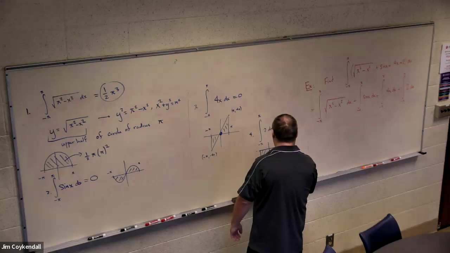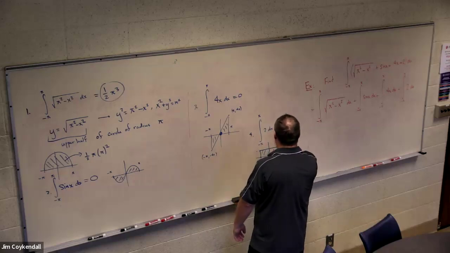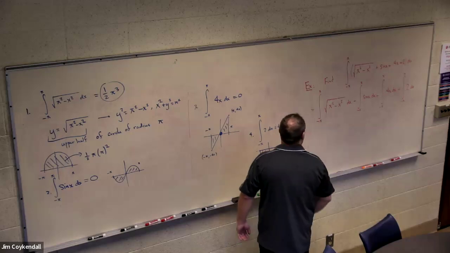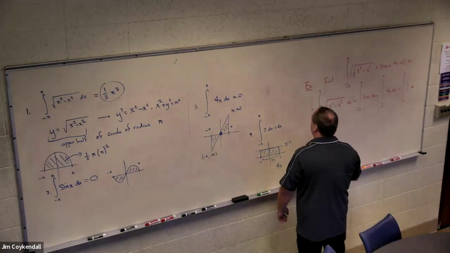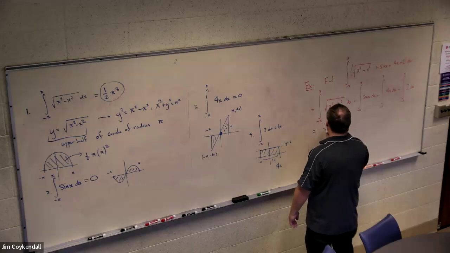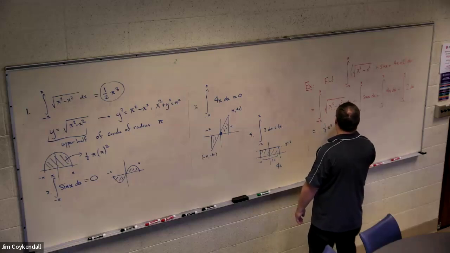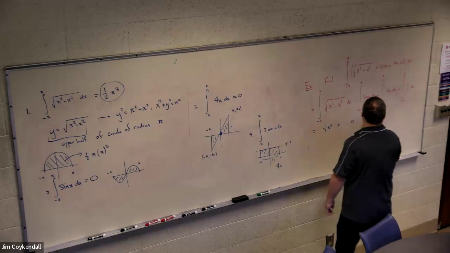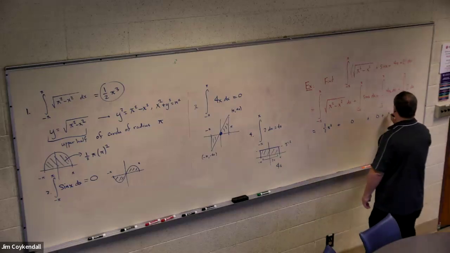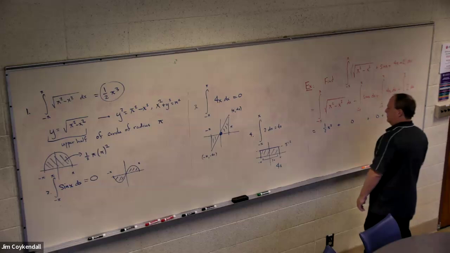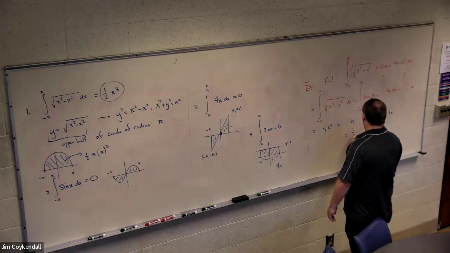So this is 2 pi times 2, so I get 4 pi. So at the end of the day, this turns out to be one half pi cubed plus 0 plus 0 plus 4 pi. So one half pi cubed plus 4 pi.